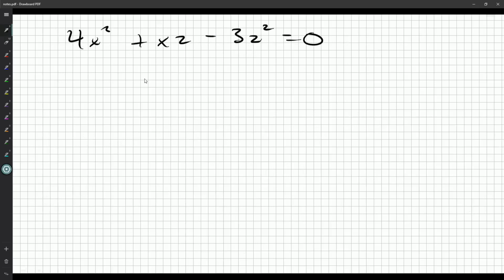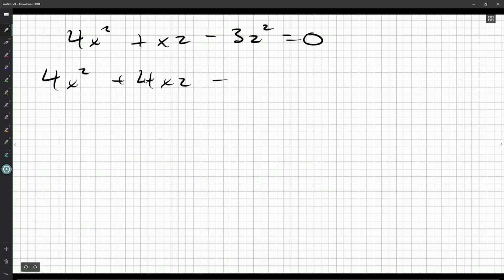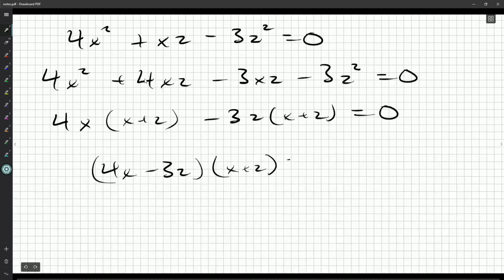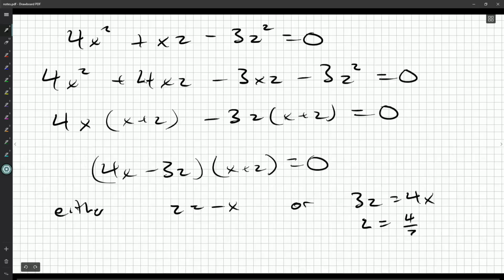Well, we rewrite the xz as 4xz minus 3xz. Should be able to get a 4x and then an x plus z out of here, minus 3z times x plus z here. So 4x minus 3z times x plus z is equal to 0. So either z is equal to negative x, or 3z is equal to 4x, and then z is equal to 4/3 x.